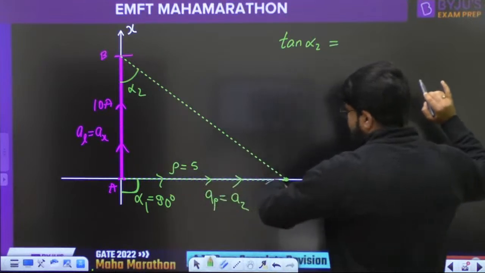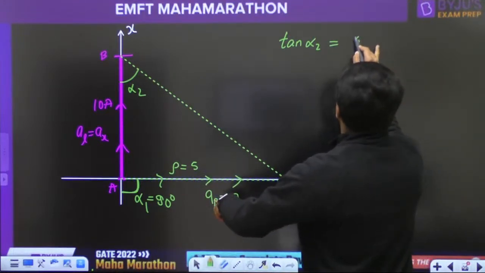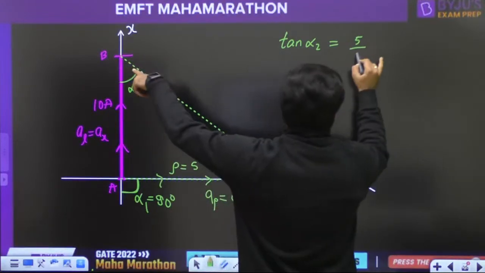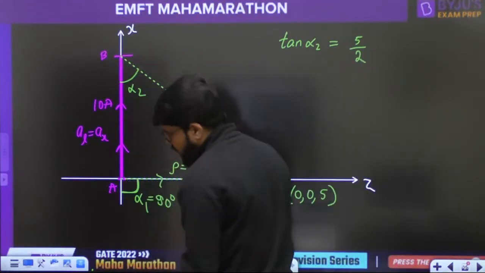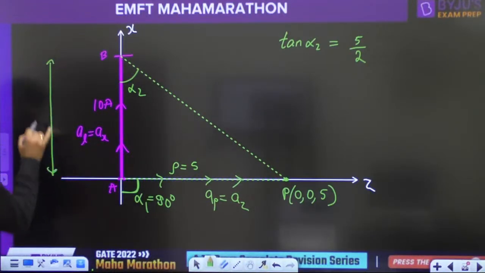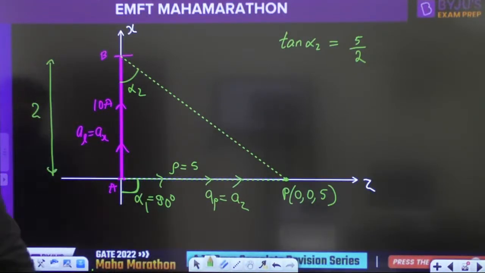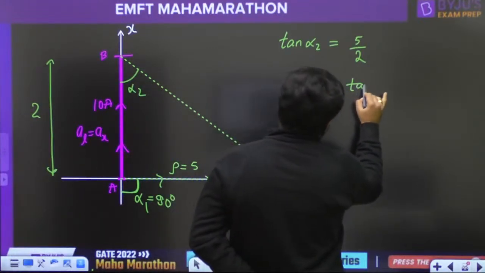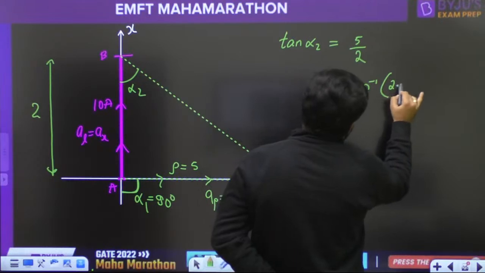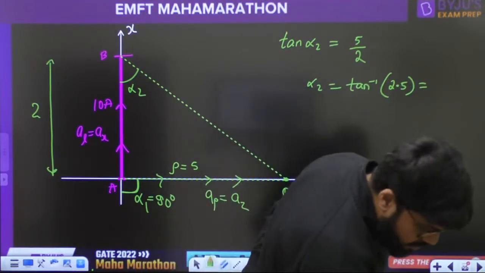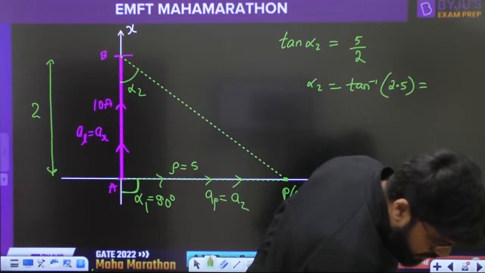Tan theta is opposite side, that is equal to 5 divided by the base of the angle. What is the base of the angle? 2 units. The length of the wire 2 है. This length of the wire is equal to 2 meters. So what is the value of alpha 2? Alpha 2 should be equal to the tan inverse of 5 by 2, that is 2.5. How much should this be equal to? एक बार निकाल लीजिए इसको. You have your virtual calculators available.